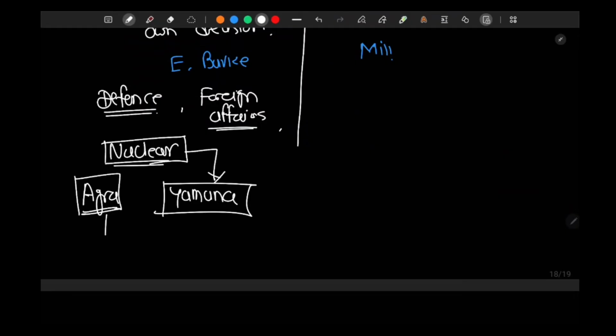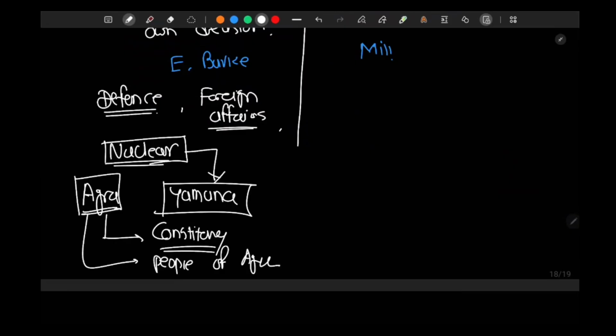Now my constituency thinks that the nuclear power plant will pollute the Yamuna river, will be bad for agriculture, will be bad for their health. This is what the constituency will think, right? This is what people of Agra will think.